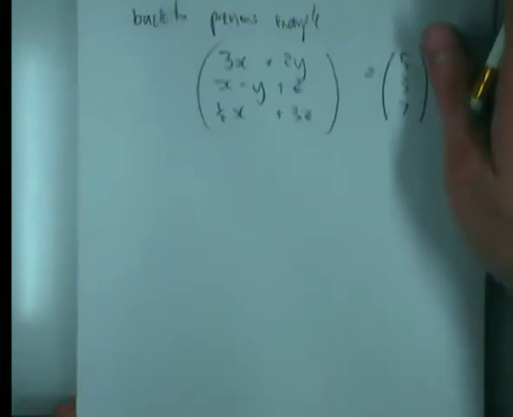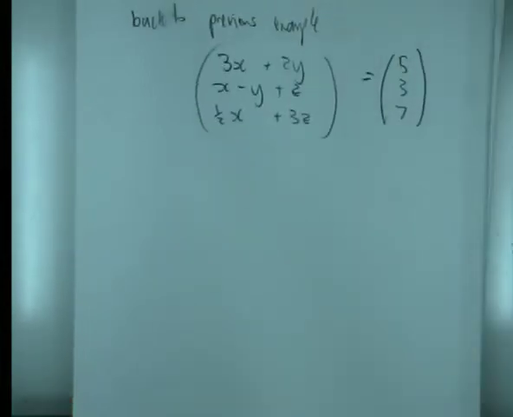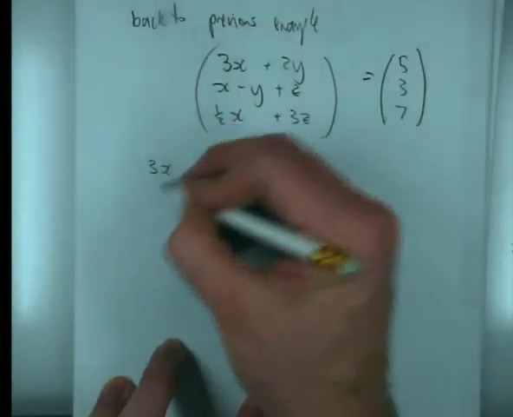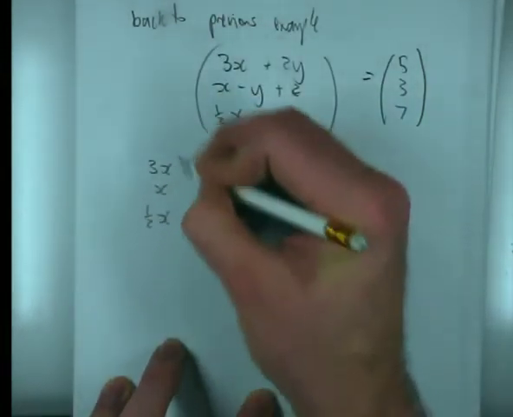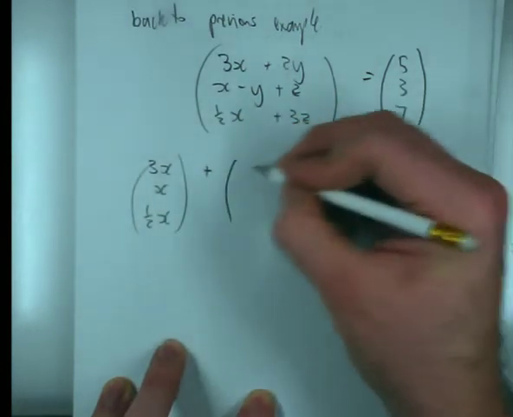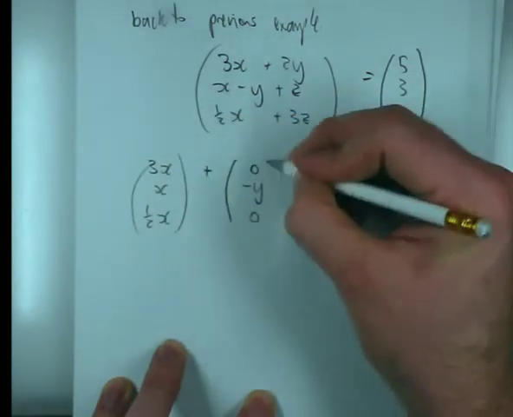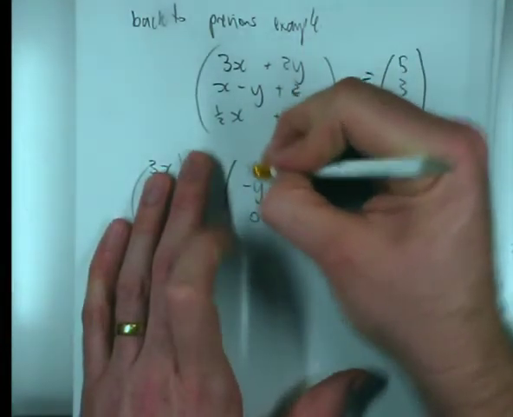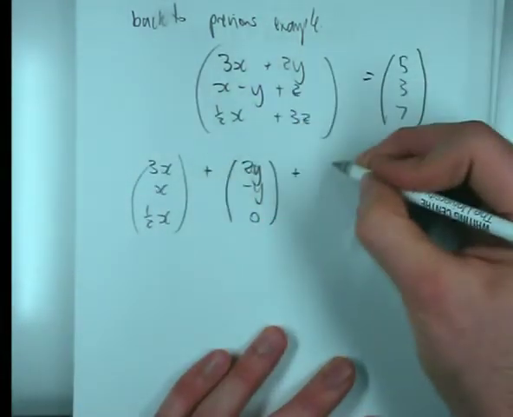Right. So that's where I was when I was doing my linear equations thing, and I turned it into a matrix at this stage. I can turn this into a vector thing at this stage. I can have a vector with all the x's, a vector with all the y's, a vector with all the, sorry, there's two y's in the top row, and a vector with all the z's.